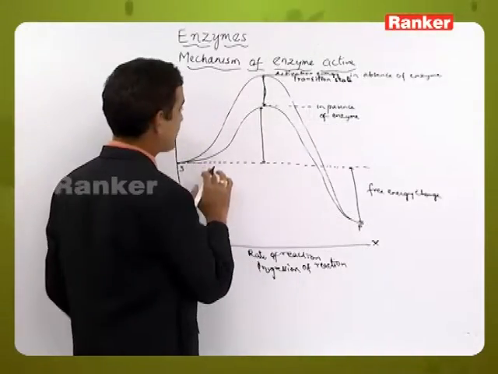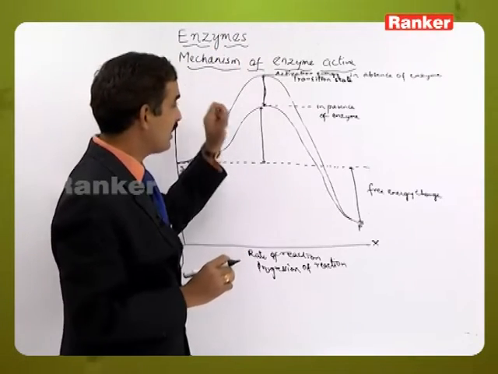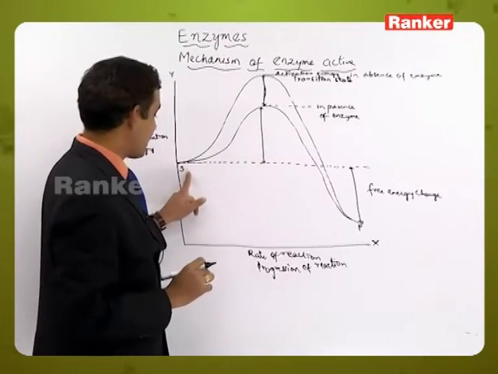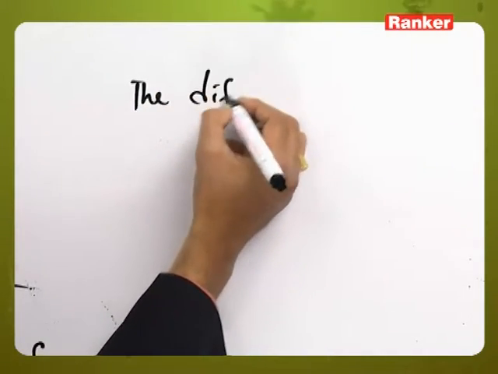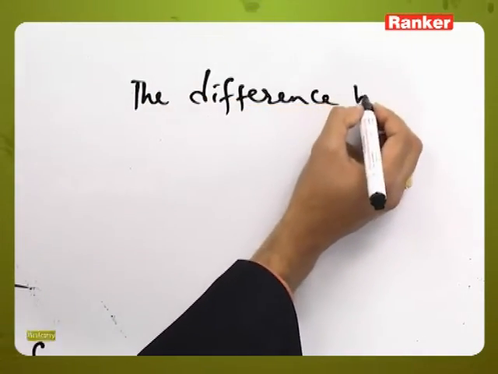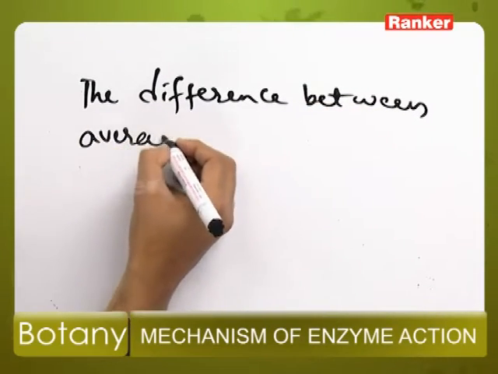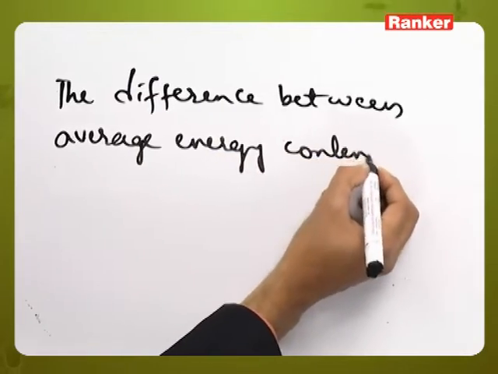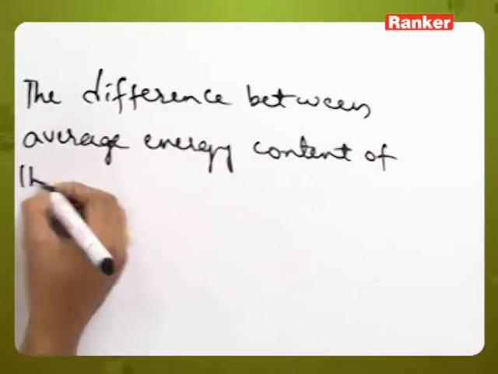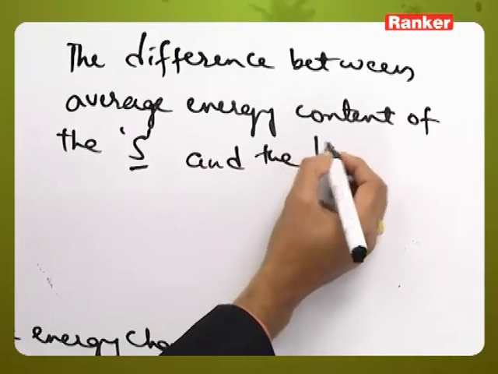The substrate has to cross this barrier called the transition state. So here, activation energy means the difference between the average energy content of the substrate and the transition state.